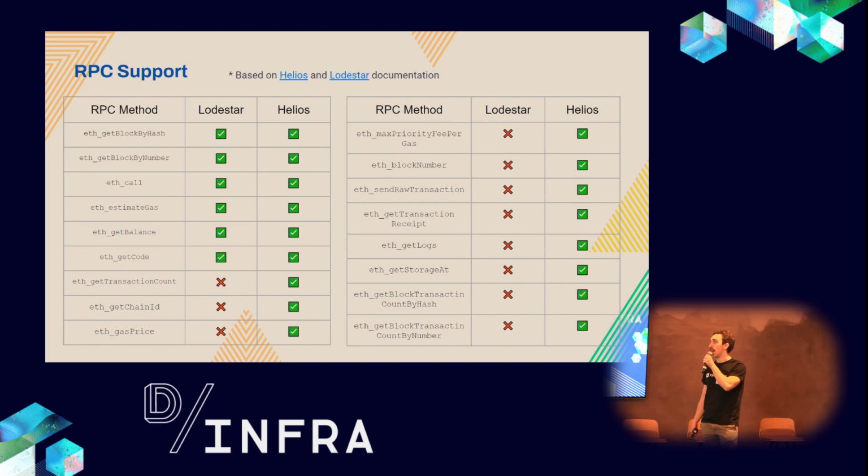Depending on your use case, you need to check if your RPC method is supported. For our use case, we just focus on eth_call. It's supported in both implementations, but it's something to consider. The verification isn't generic. You need to implement per RPC method how you verify this information. As we said, the light client just provides you a way to track the beacon chain, so it doesn't provide the verification part.